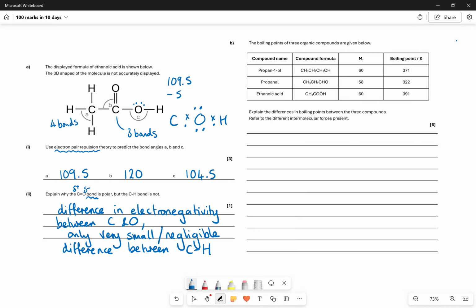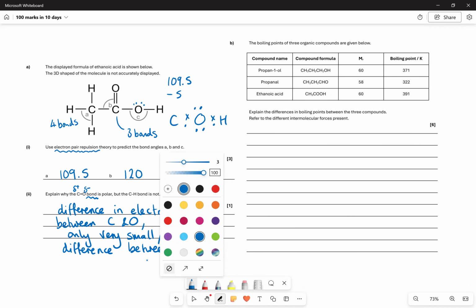Between C and O, it's more like 2, so it's much, much bigger. So difference in electronegativity, don't just say oxygen is electronegative because you're not then looking at the fact that every bond involves 2 atoms.